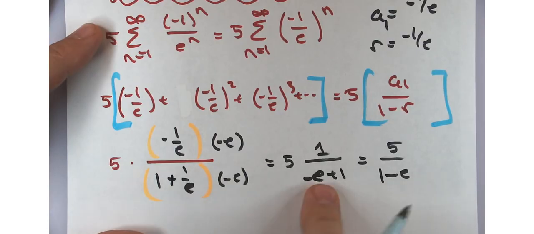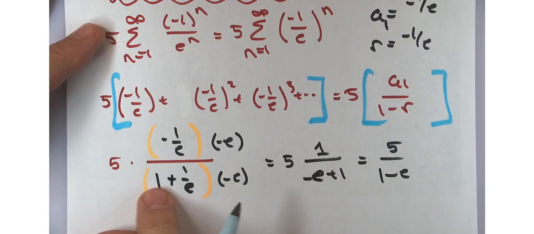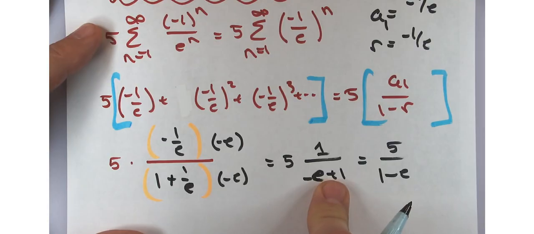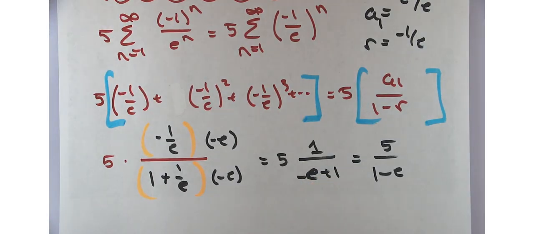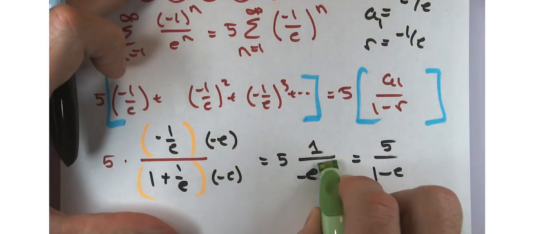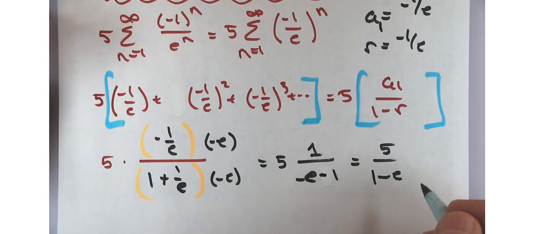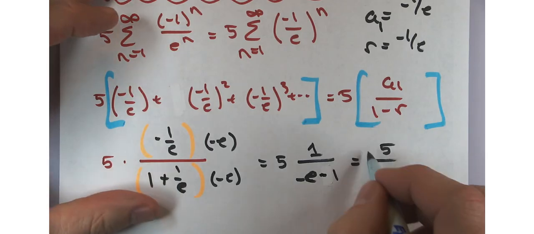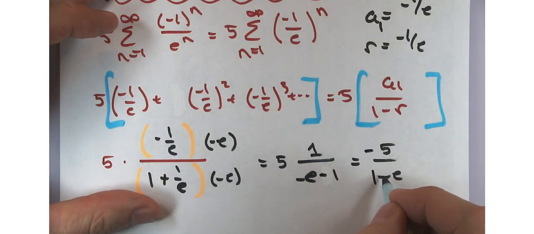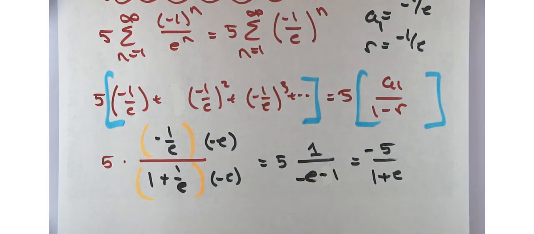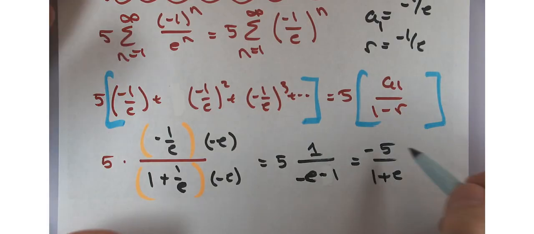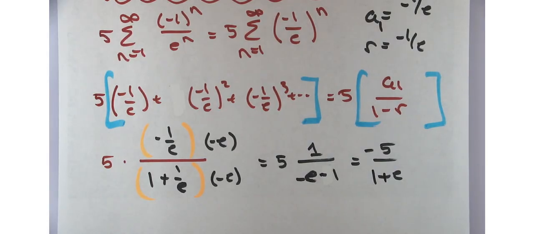That's going to be the same. This is going to be a minus. Yes. Thank you. And let me factor out the negative. I'll put it up on top and then make everything in the denominator positive.